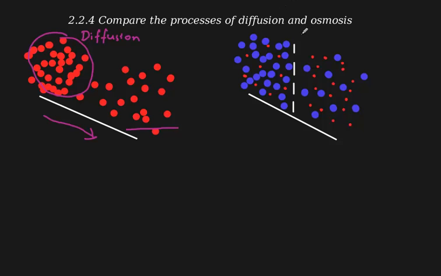On the right-hand side of the screen we can see osmosis. Now this differs because the big blue ones here, that is our water molecules, and these are our solutes. These are in solution with the water molecules.